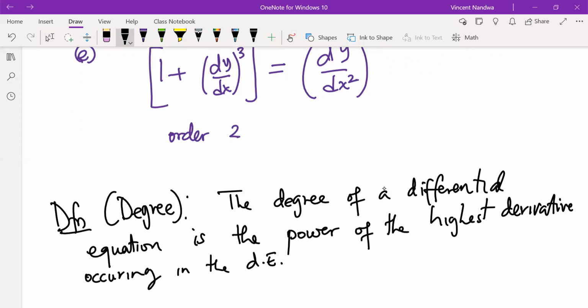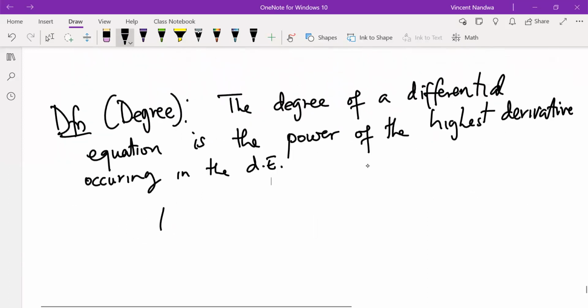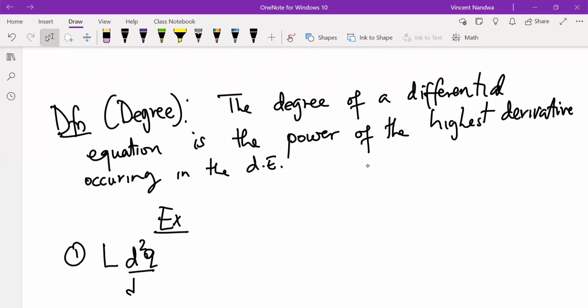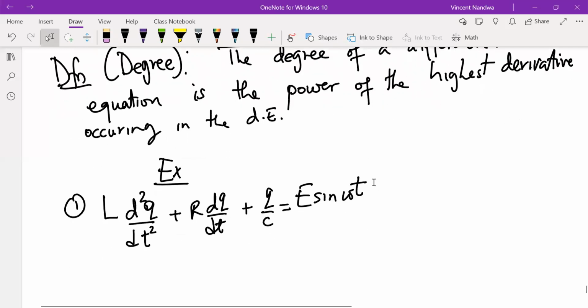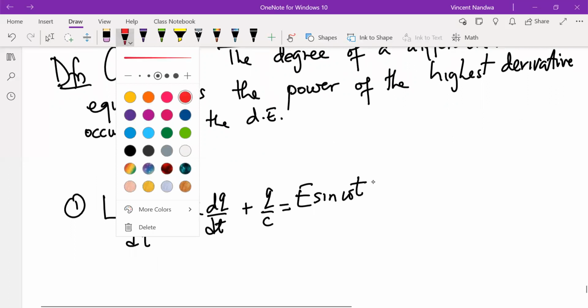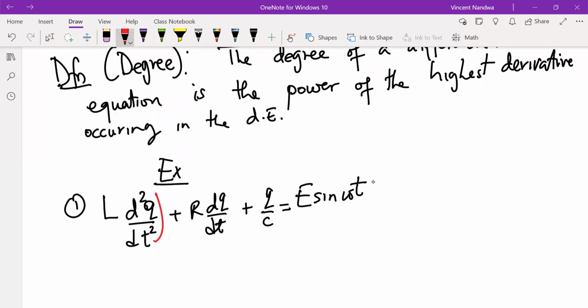So for instance, state examples. One, if we have L d squared Q/dt squared plus R dq/dt plus Q/C equals E sine omega t, then the highest derivative in this differential equation is this second derivative, but the power here is 1.